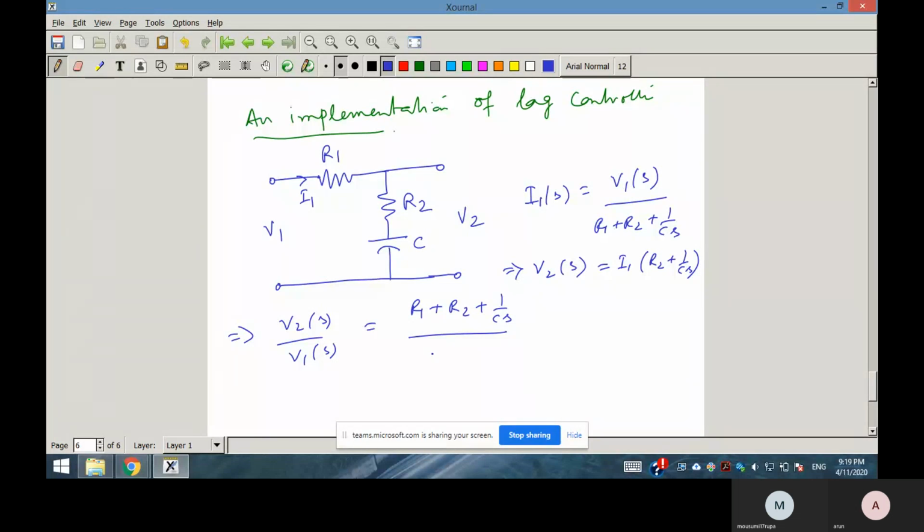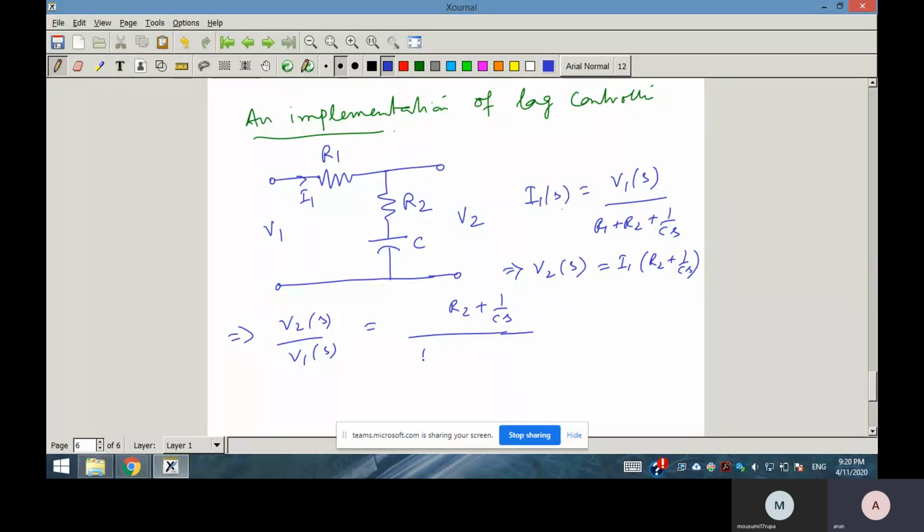So V2 by V1 is equal to R2 plus 1 by CS divided by R1 plus R2 plus 1 by CS. I1 you will multiply, I1 equal to V1 divided by this one.